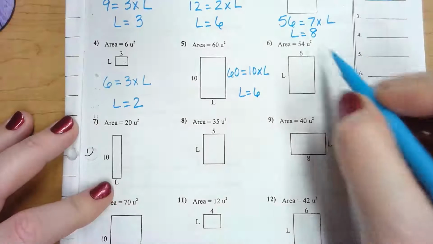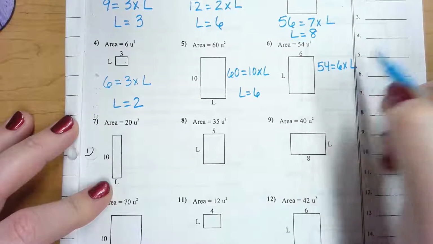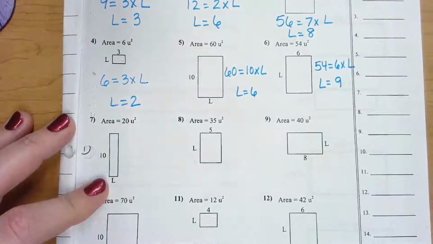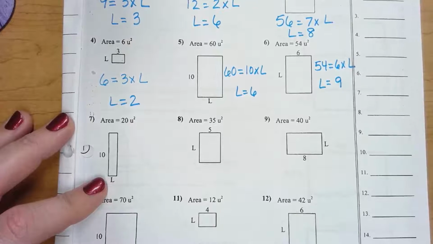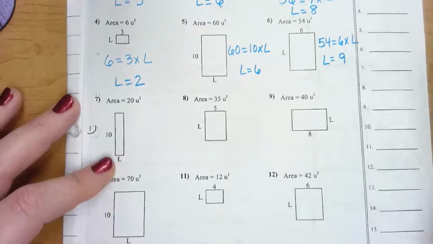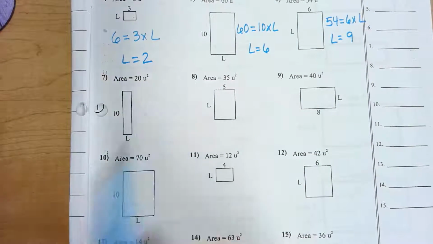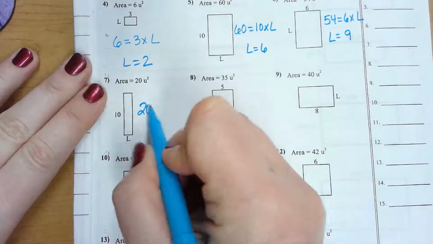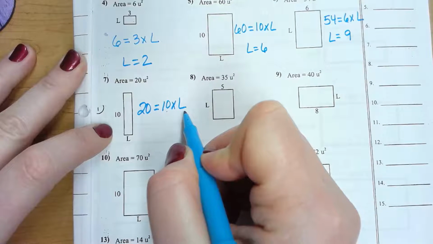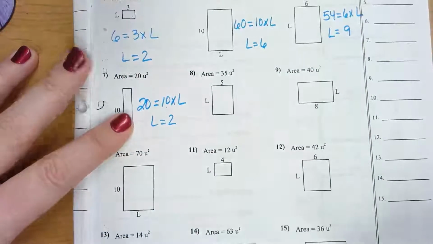For number 6, 54 equals 6 times L. Well, 6 times 9 equals 54. So we need to know that basic fact. And as long as you know the total and you know one of the sides, you can find the missing part. 20 for number 7 equals 10 times L. 10 times what? 10 times 2 equals 20.